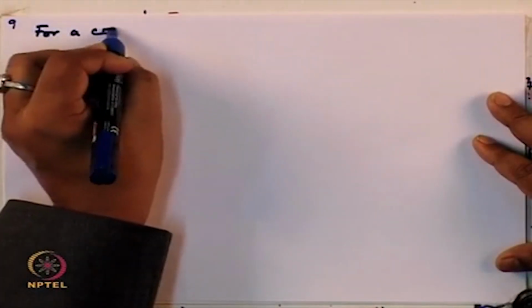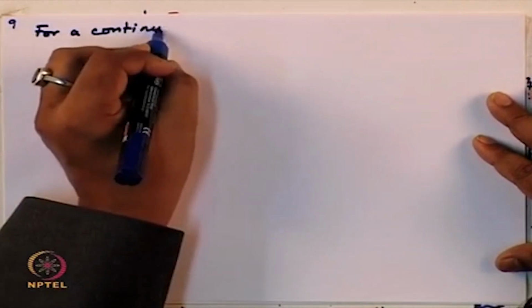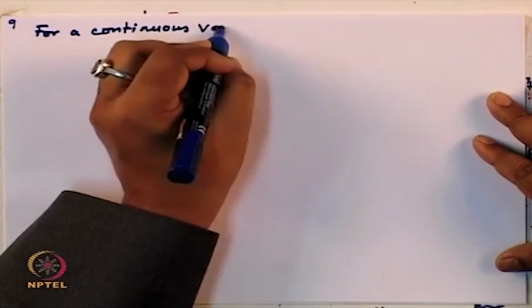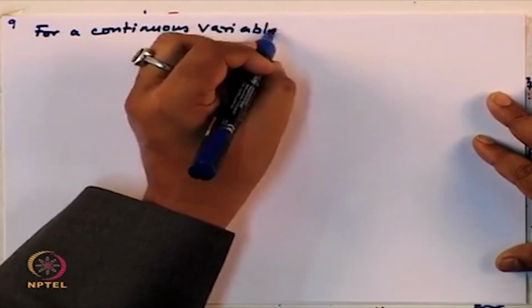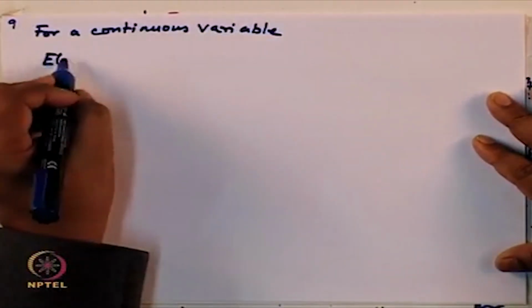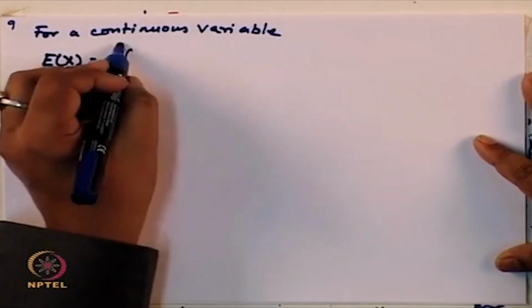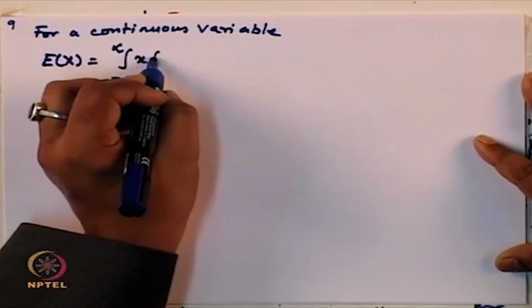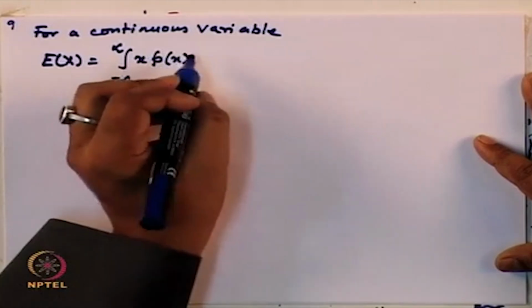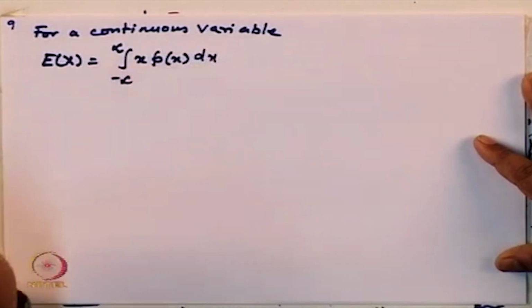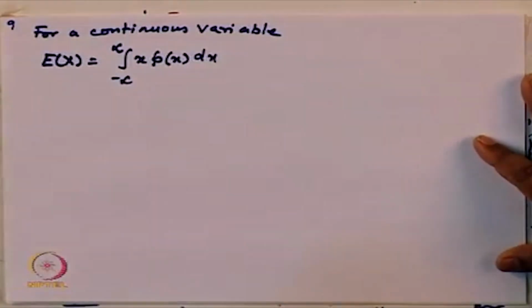So, for a continuous variable, your expectation is given by just x p(x) dx.